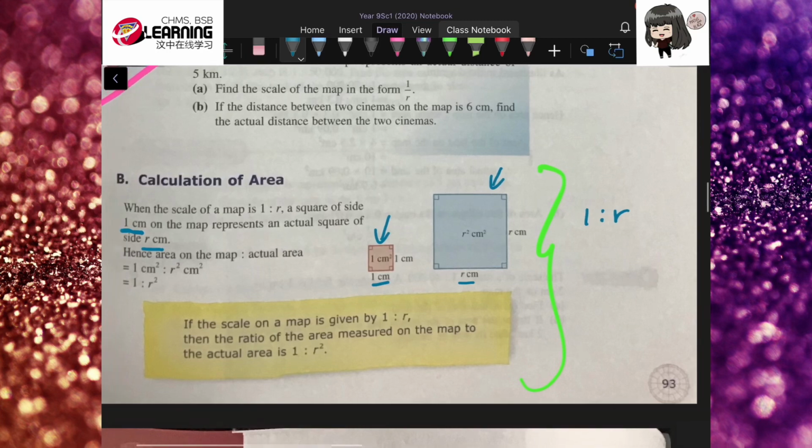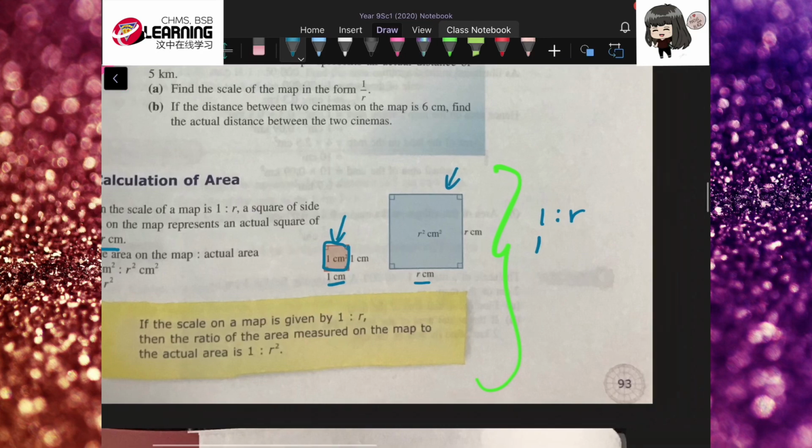And the ratio of the area: for this square itself it is 1 times 1, which is 1. For the actual size, it will be R times R, length times breadth, which is R square. So the ratio of the area will be 1 square to R square.